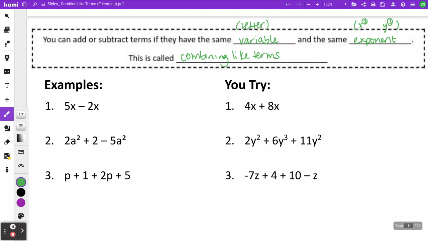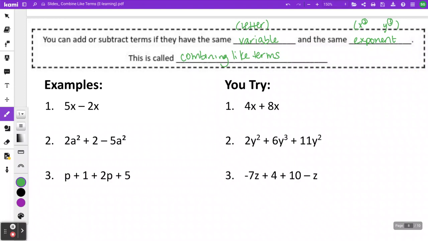So as we look at the problems below, I can't just add or subtract every single thing in the problem. I'm looking for the same variable and the same exponent. For example, number 1 says 5x minus 2x. Before I do any math, I need to check: do they have the same variable? Yep, they both have x's.